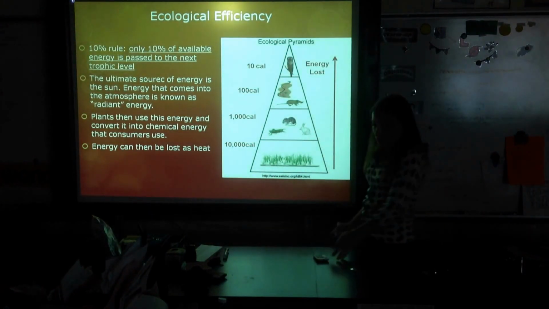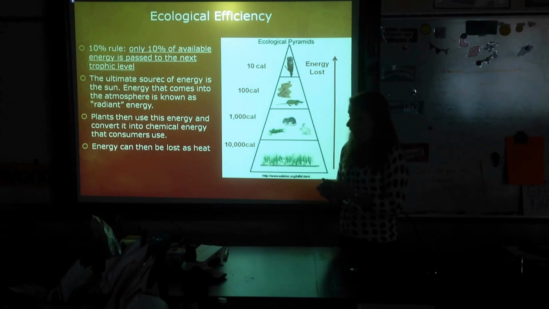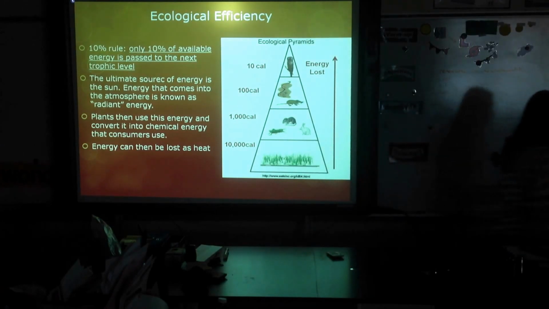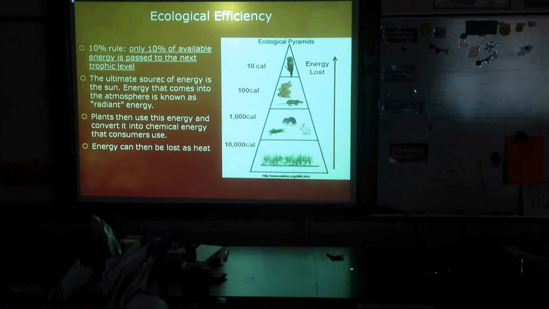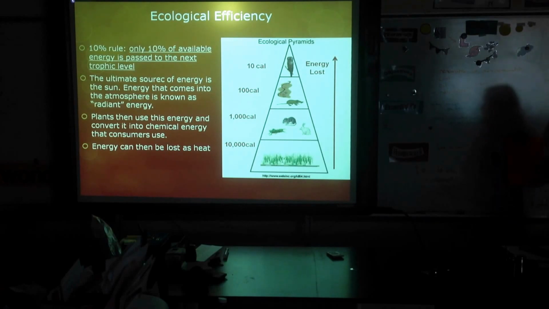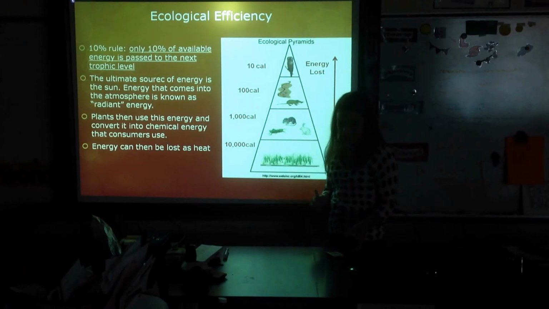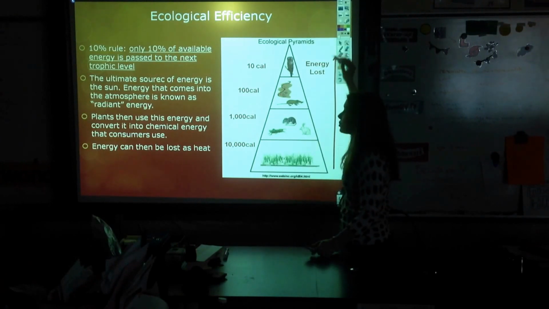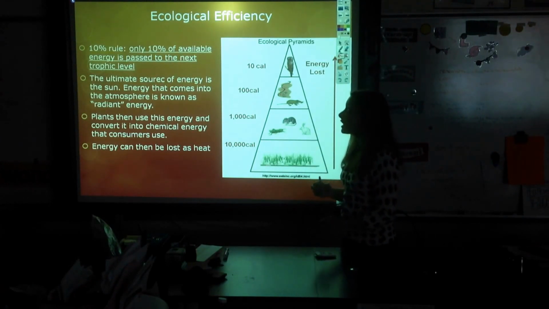We have some special rules about food chains, and the first one is what's called the 10% rule. The 10% rule says that only 10% of available energy is passed or transferred to the next trophic level.